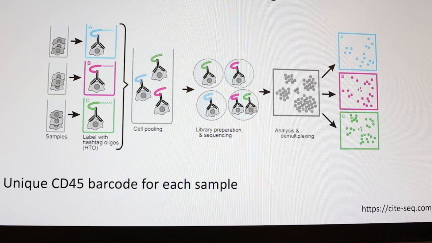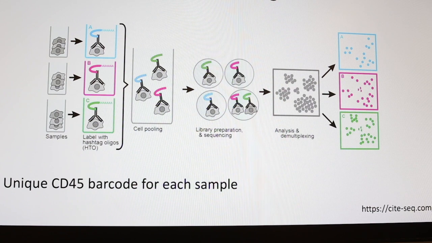Okay, so this is something that seems like people were interested in. The idea with the hashtagging is that, let's say you have 3 samples. In my case, we use CD45 to include this hashtag information. So on my 3 samples, all the cells have CD45 expression, and we give a CD45 conjugated to a different barcode for each of these samples.